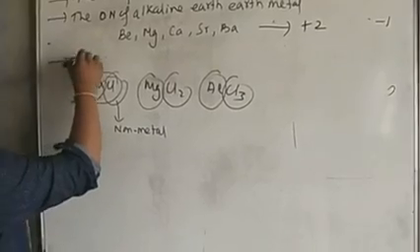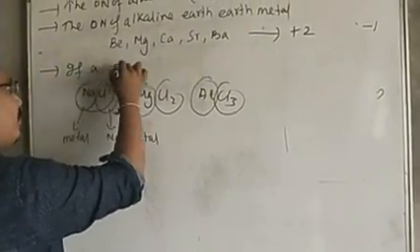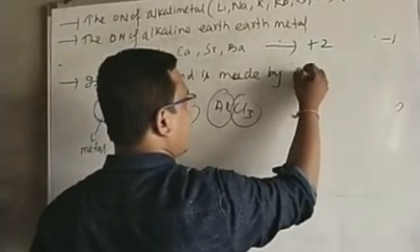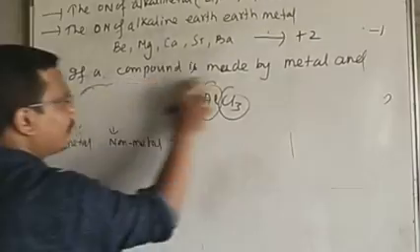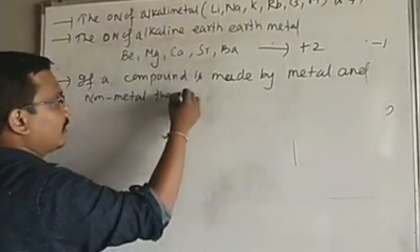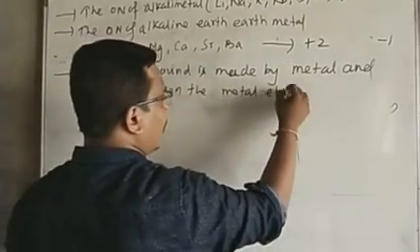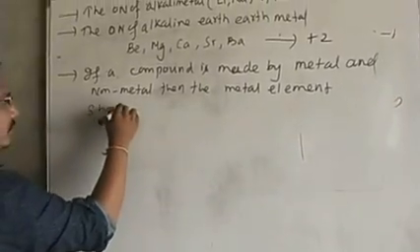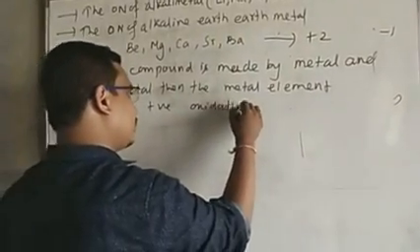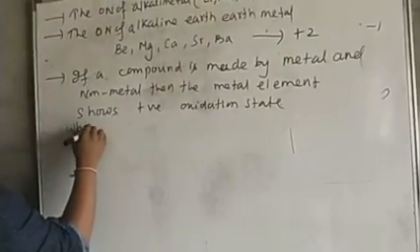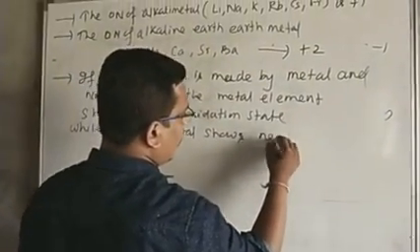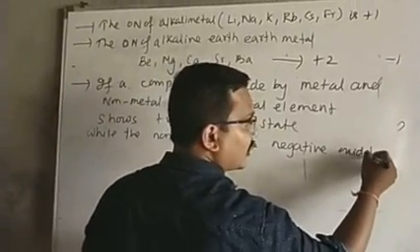So the next rule is: if a compound is made by metal and non-metal, then the metal element shows a positive oxidation state, while the non-metal shows a negative oxidation state.